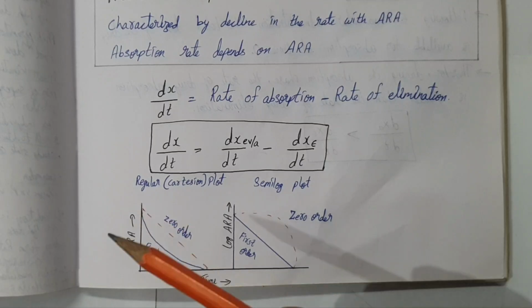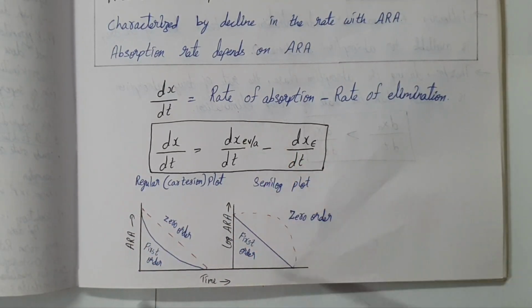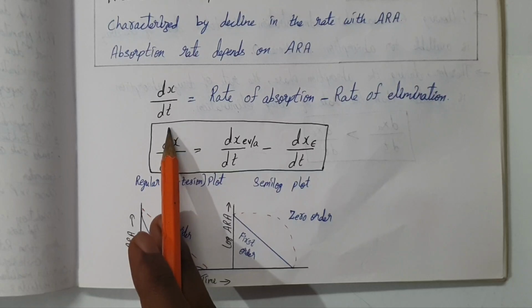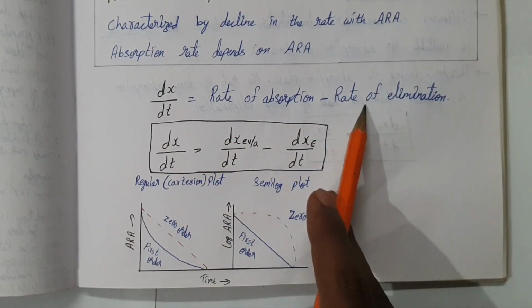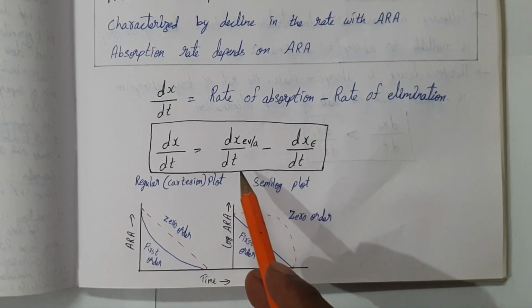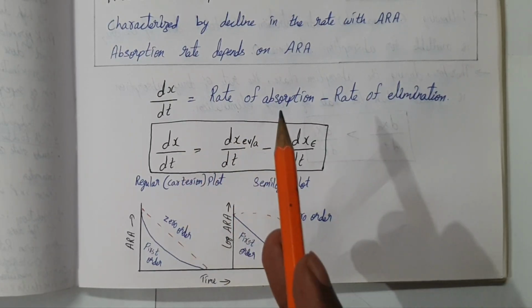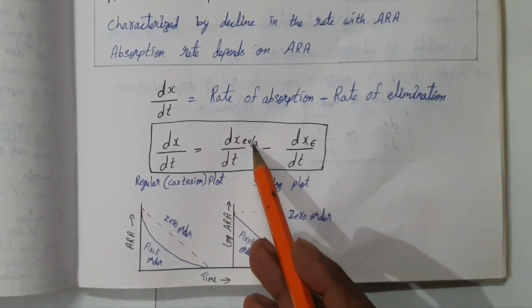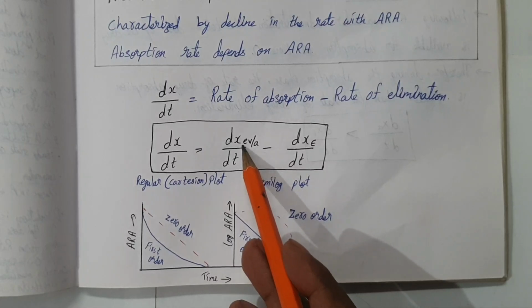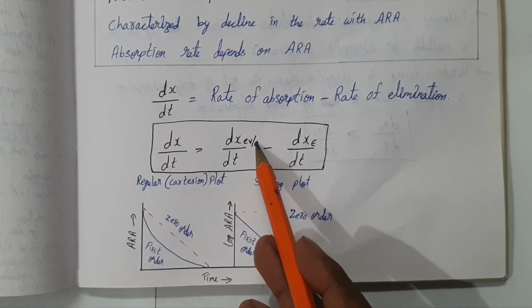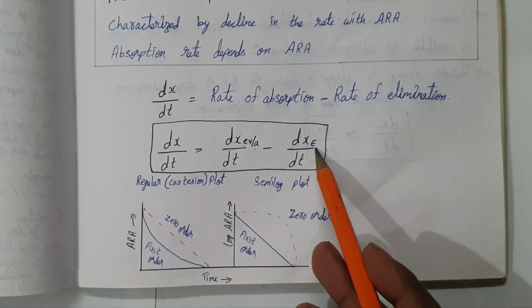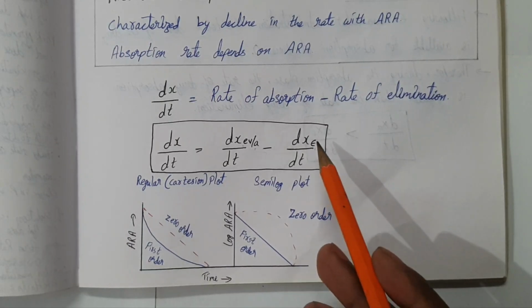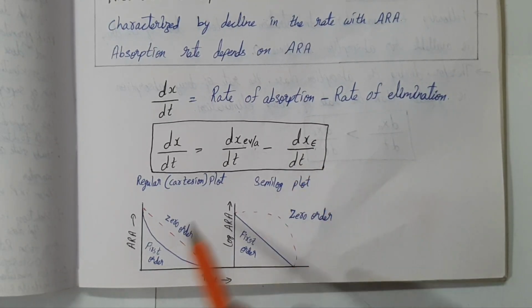Let's look at the basic equation for drug concentration over time. The net change in plasma drug level will be the rate of absorption minus the rate of elimination. In extravascular administration, we will have the absorption rate, which is represented as EV or A, and the elimination, which is represented by KE, the elimination rate constant.